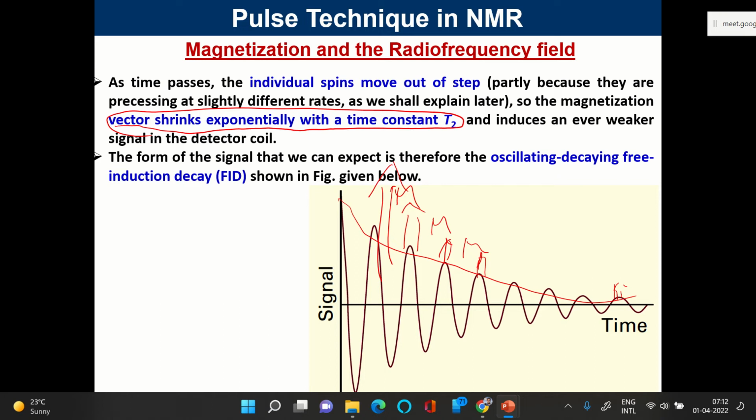If you have 100 nuclei present in the sample and all are pointing in one direction, M, the magnetization vector, will be highest.